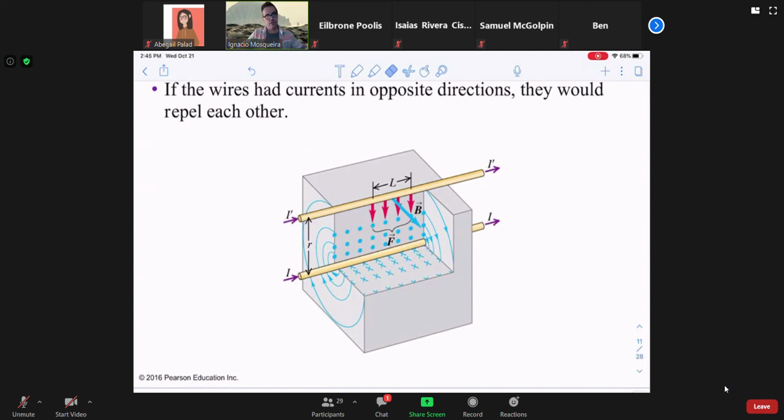If they have currents in the same direction, then they attract each other. So there's a force on both wires, and each wire also produces a magnetic field at the location of the other wire. So they attract in one case, they repel in the other. That's what I'm going to make sure of, and this case will be in the exam, so there's not going to be any waste of time if you think about this.